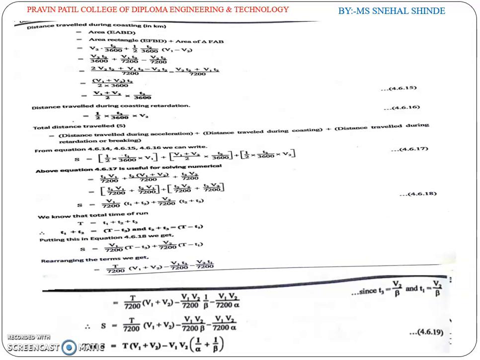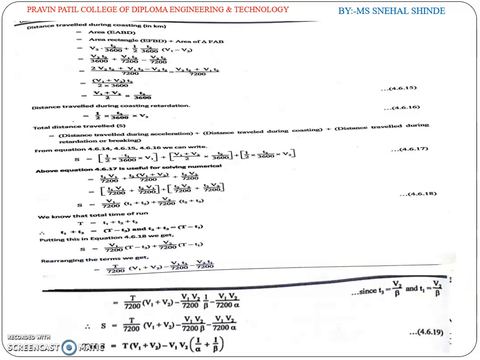So V2 into T2 divided by 3600, plus half into T2 by 3600 into V1 minus V2, equals V2 into T2 divided by 3600 plus V1 into T2 divided by 7200 minus V2 into T2 divided by 7200.